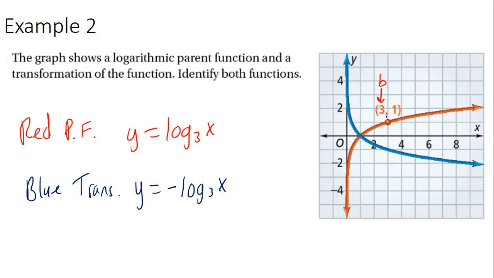It would have been 3,2 instead of 3,1. I would still be at 3, but I would have stretched up to 2. Does that make sense? So then it would have been a stretch. Okay. All right. So that's logs. That's log base b, and common log.